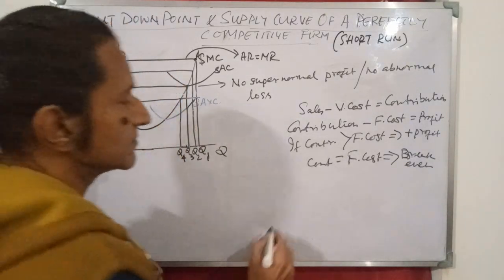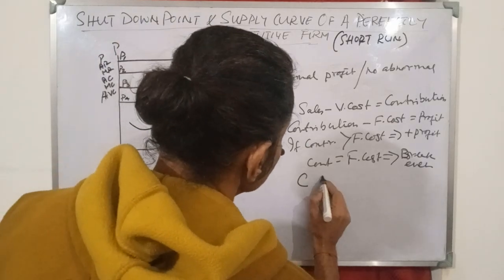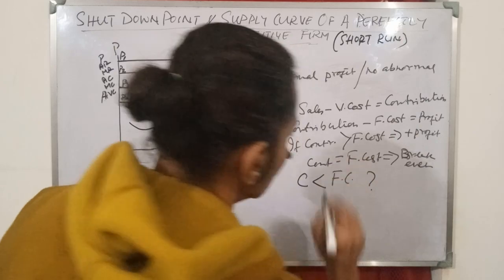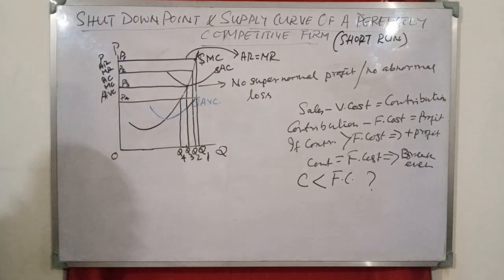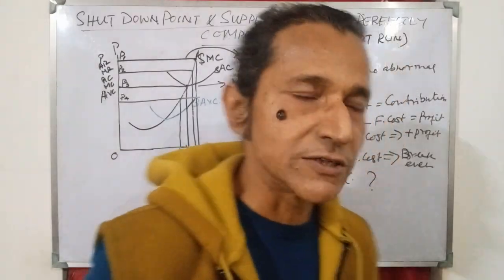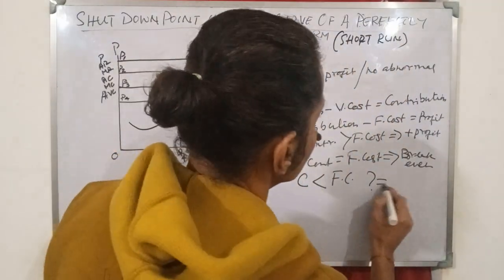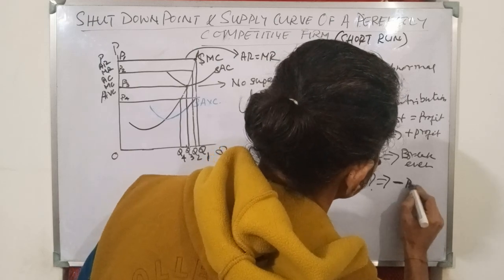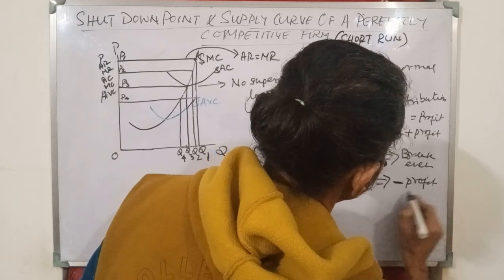And what happens if contribution becomes less than fixed cost? What will happen then? If contribution becomes less than fixed cost, that means the firm is making loss, there is negative profit. Negative profit or loss.